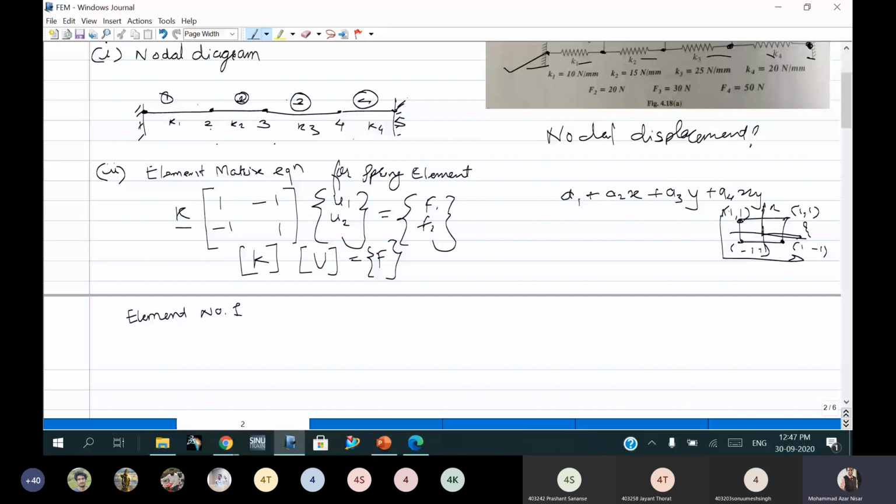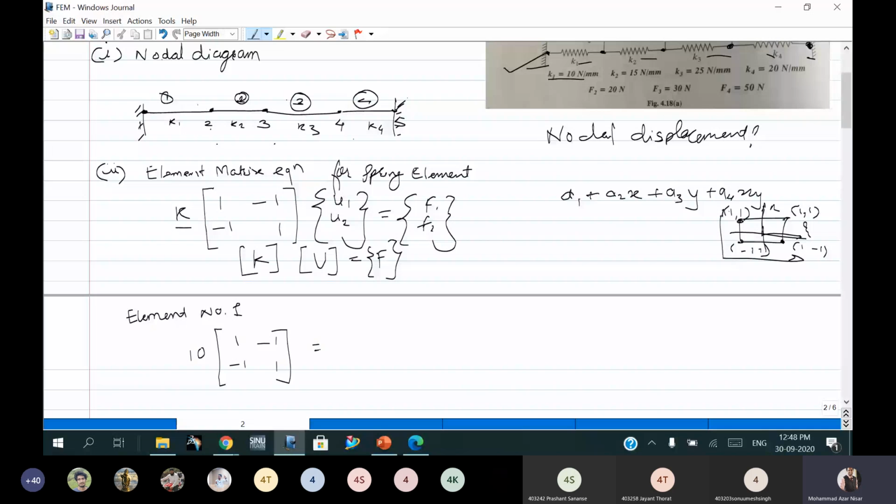In Newton per mm, in the place of this k, k is multiplied in between. I will take k as 10, so 10 minus 10, minus 10 and 10.